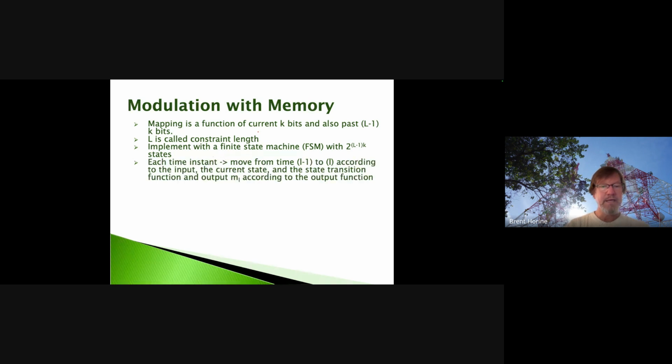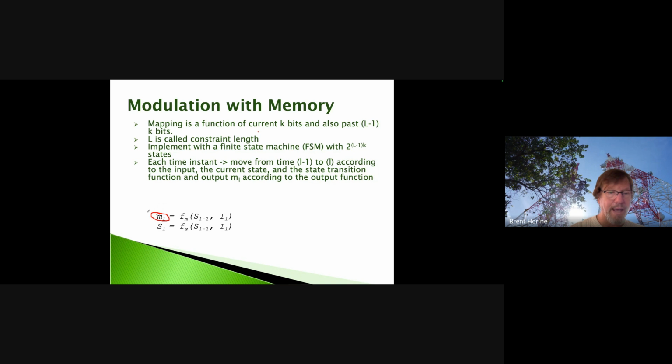At each time instant, we're going to move from time lowercase l minus 1 to lowercase l according to the input, the current state, and the state transition function. And then we're going to output m sub l, a particular symbol, one of M different symbols at instant l, according to the output function. So remember those state machines. This is our output function.